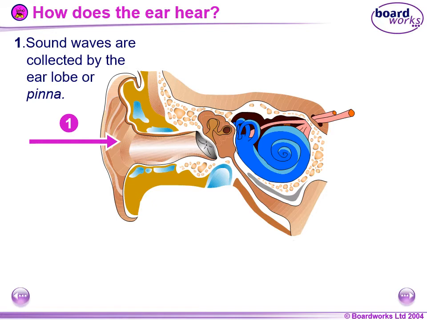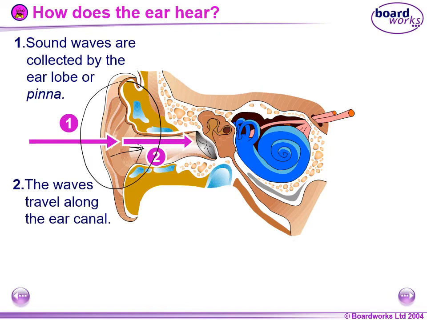And then those sound waves are being collected by our earlobe or pinna. So the purpose of the earlobe or the pinna is to collect the sound waves. Then you can see it is going in this direction, isn't it? So what do we have there? We have the ear canal. So the sound waves that have been collected by the pinna travel along the ear canal.